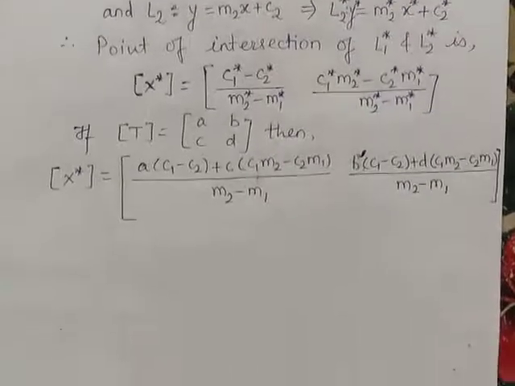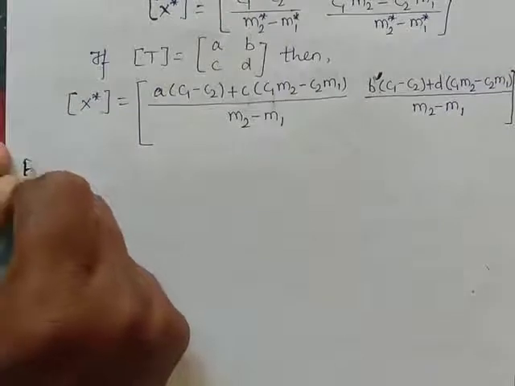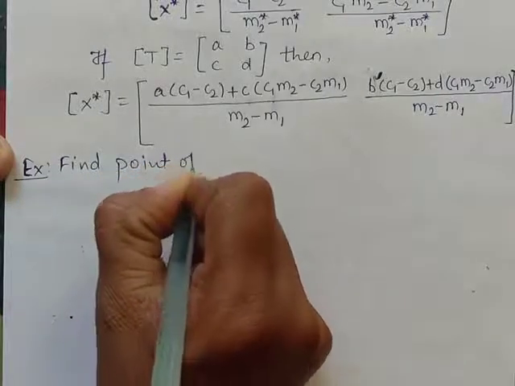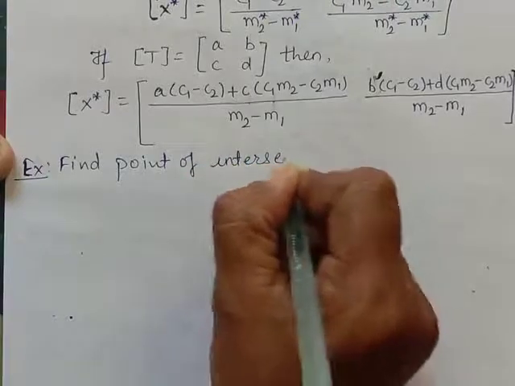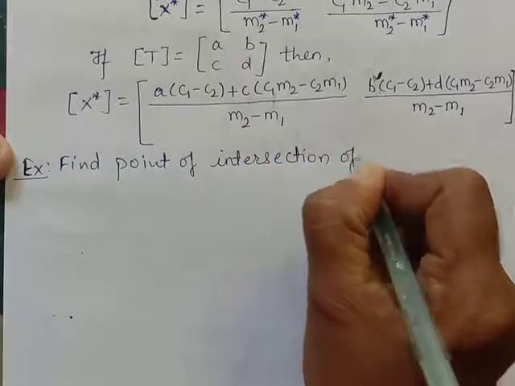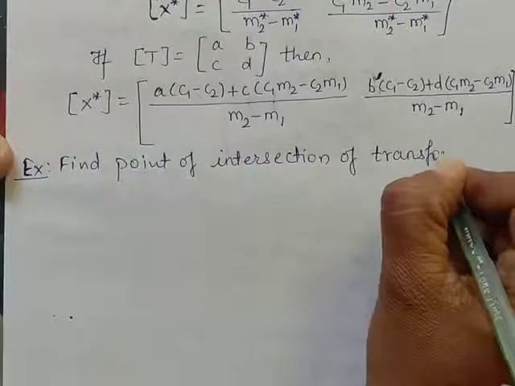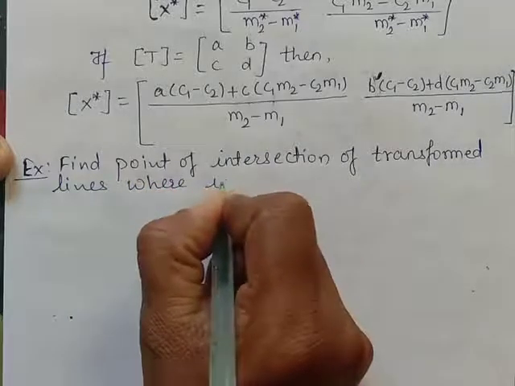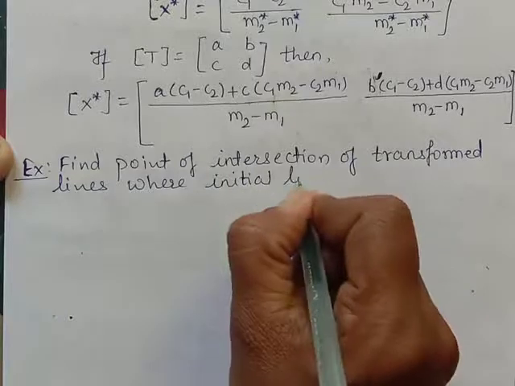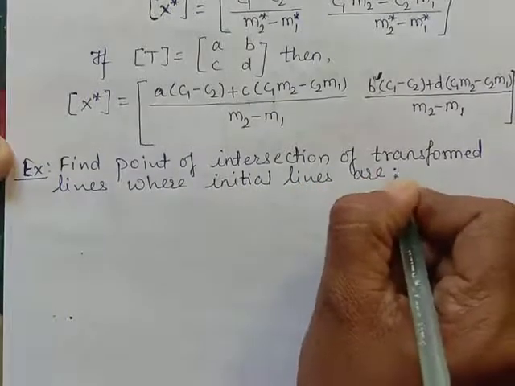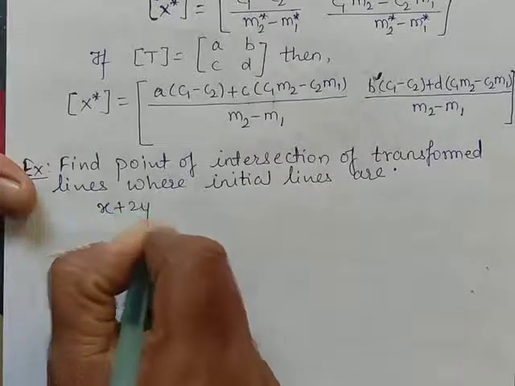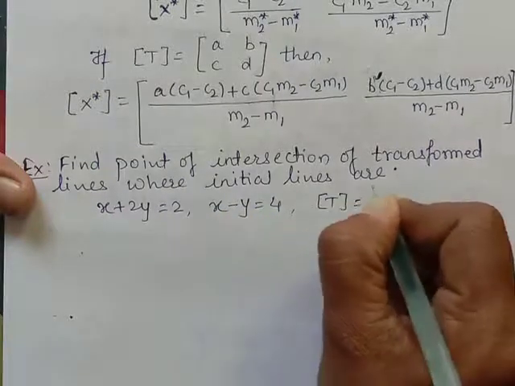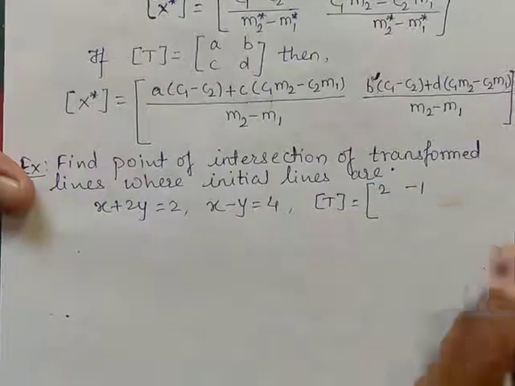Now let me take a small example on this. Example: find the point of intersection of transformed lines where the initial lines are x plus 2y equal to 2, x minus y equal to 4, and T is this matrix 2, minus 1, minus 2, 1.